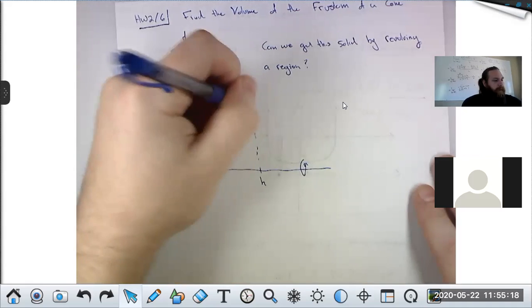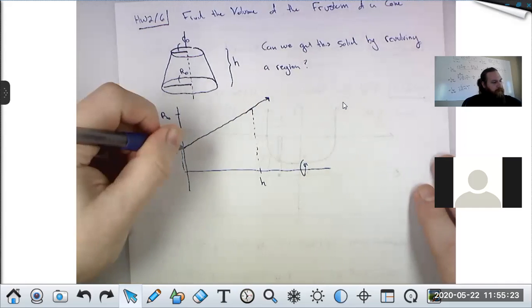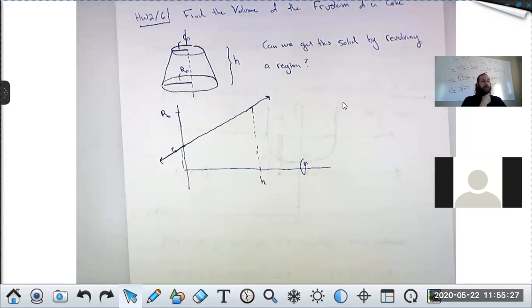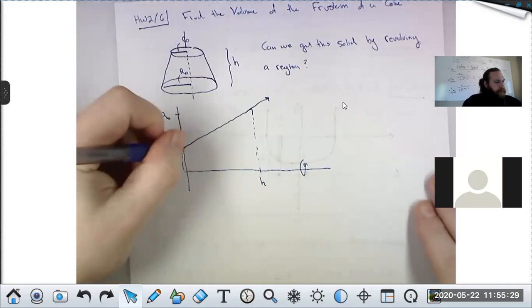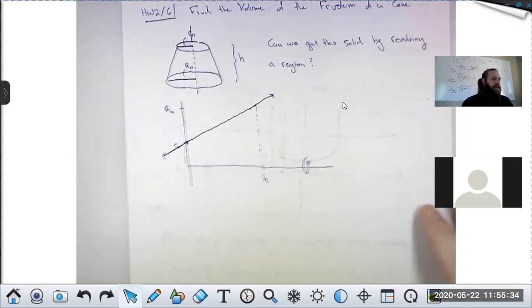So then I just need to find the equation of this line. I know that its y-intercept is little r0. What is the slope of this line?